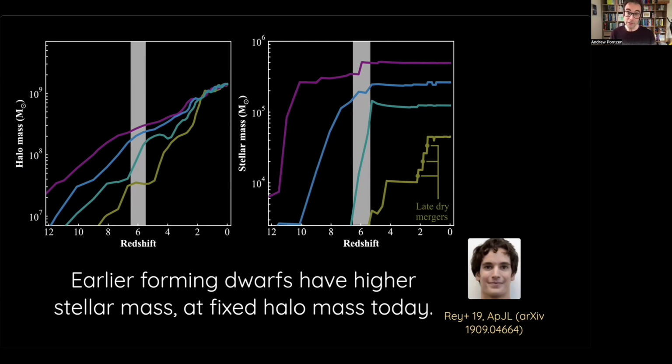Not just that, but when you look at the latest forming systems, they actually build up a large fraction of their stellar mass just from dry mergers that happen late on.